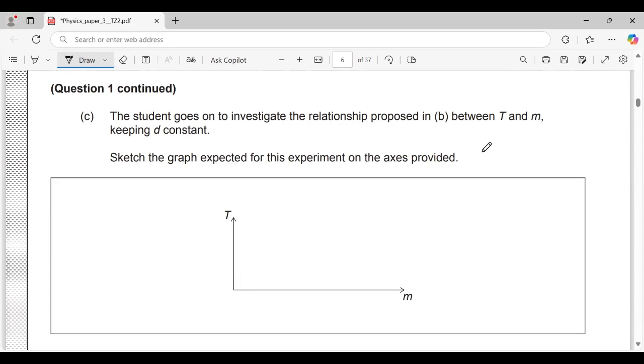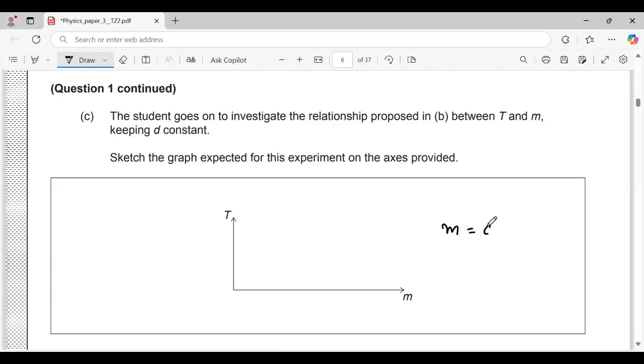So if you evaluate the equation and find the intercept point, the intercept point is never on the origin.